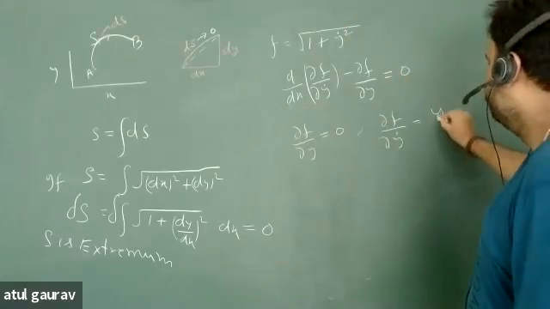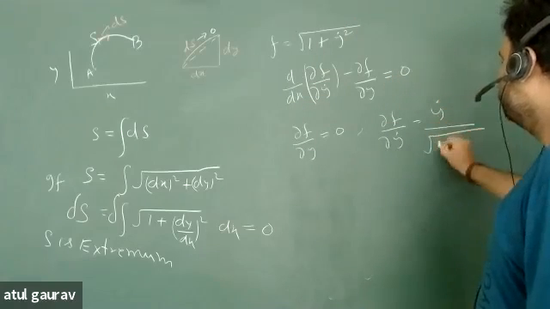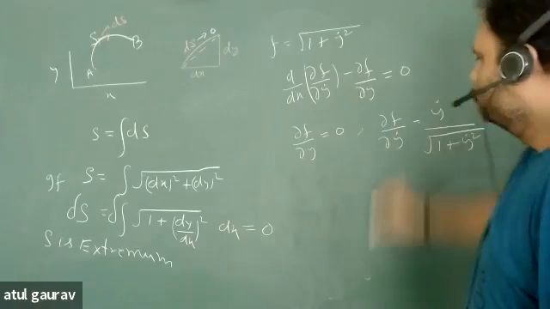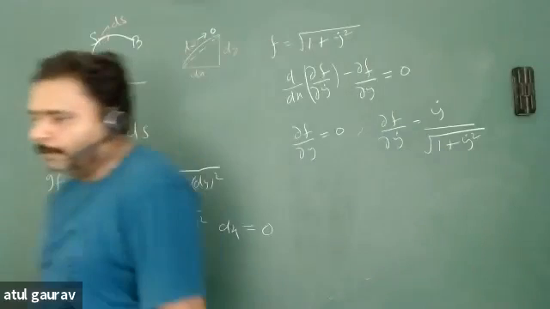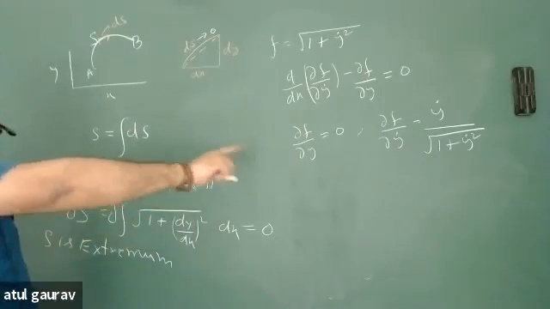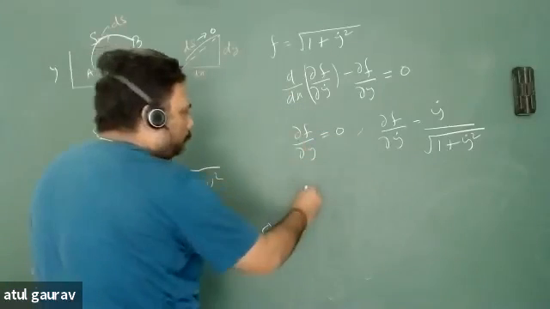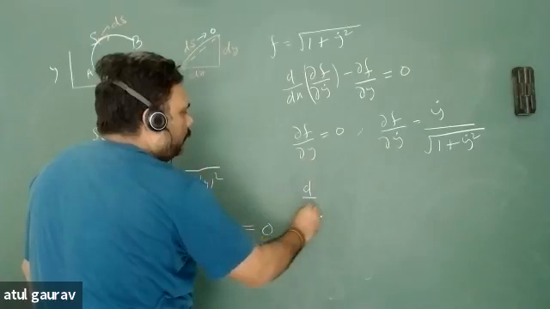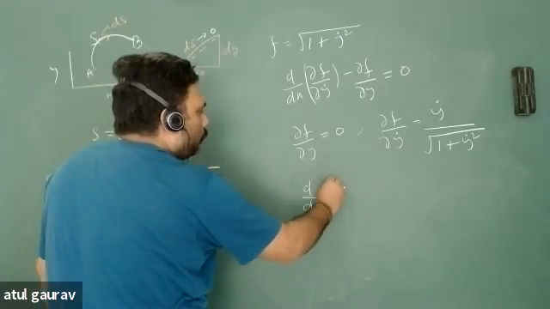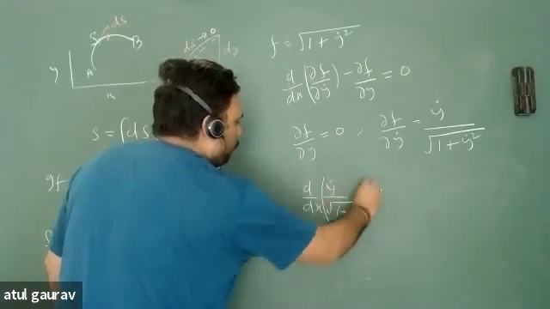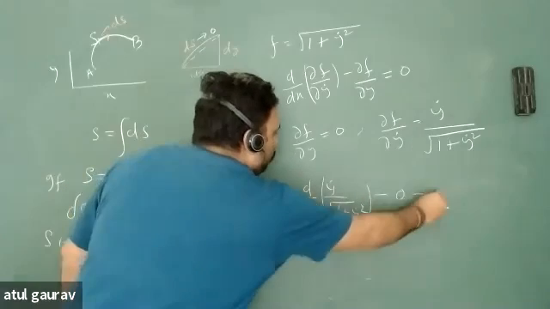So I think we will get y dot upon root under 1 plus y dot square. So this is a wonderful calculation. What we have to do is put it here. So we have d upon dx of y dot upon root under 1 plus y dot square, minus 0, must be 0.